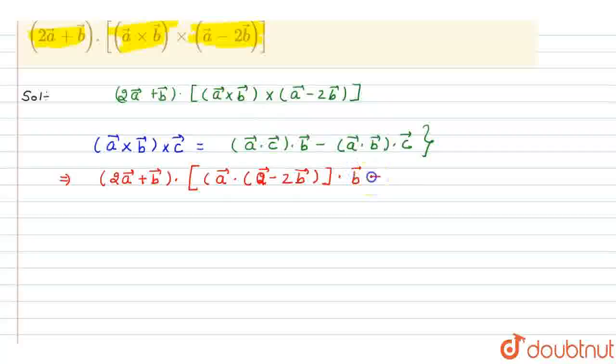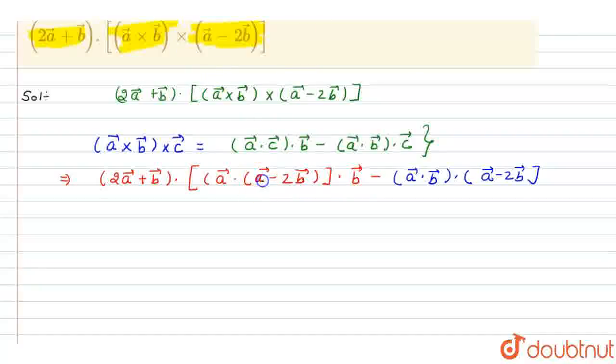Now minus, a vector dot b vector times, a vector minus 2b vector. We can open this equation using the vector triple product method.